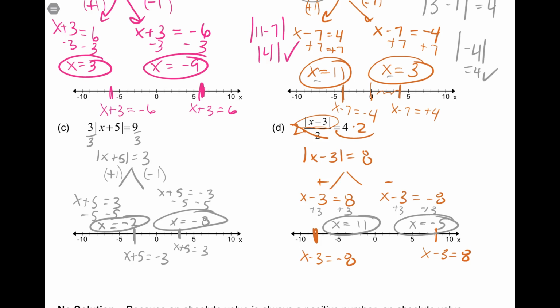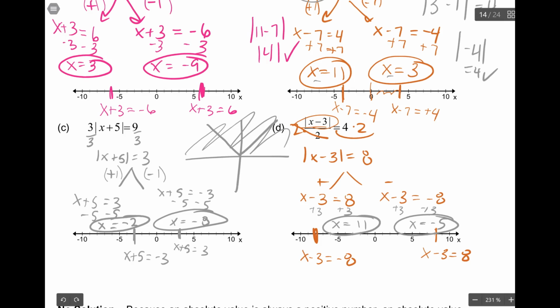Remember, absolute values are always 0 or positive. If you look at the graph, they're always going to have a positive value because distances cannot be negative.